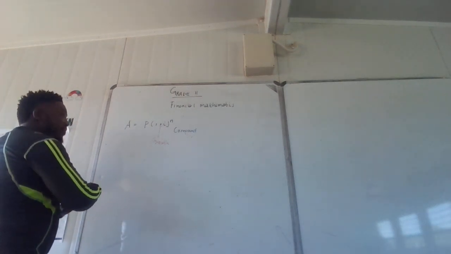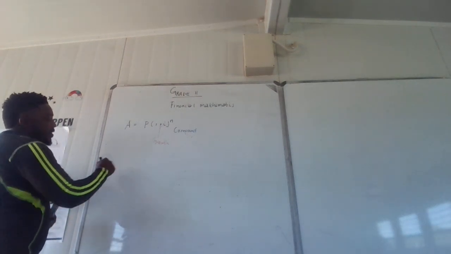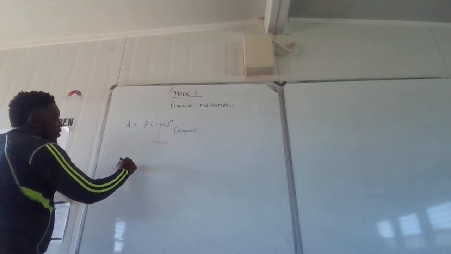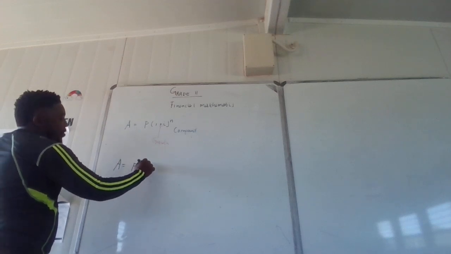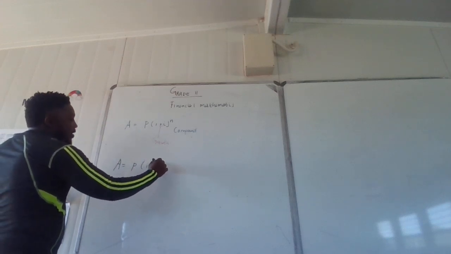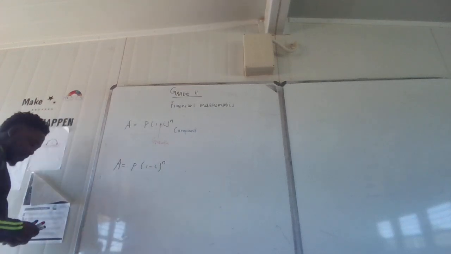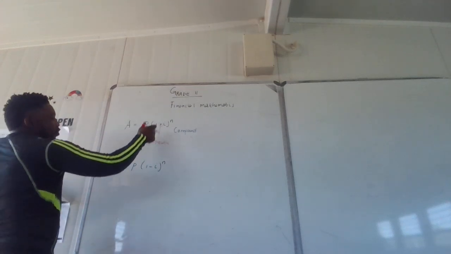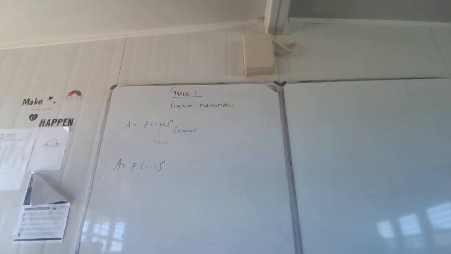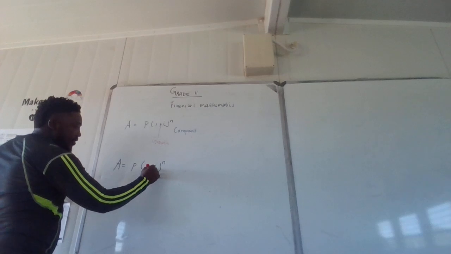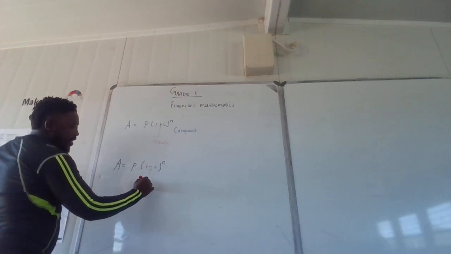And we have the sister formula, which is P(1 - i)^n. The difference between these two is that one is positive, the other one is negative. The negative part simply tells us it's a decay.